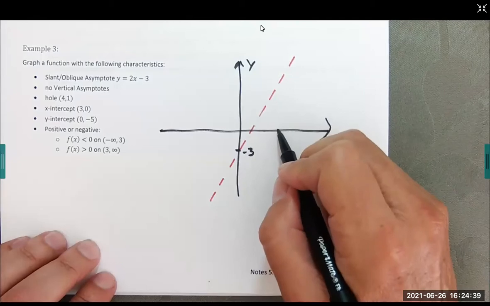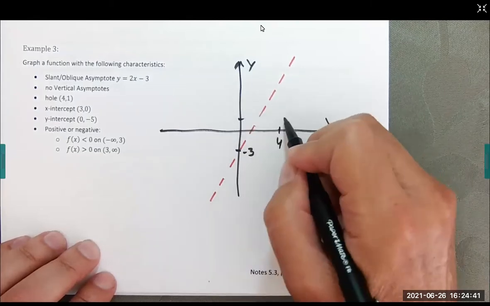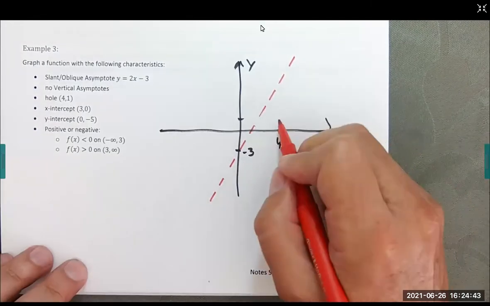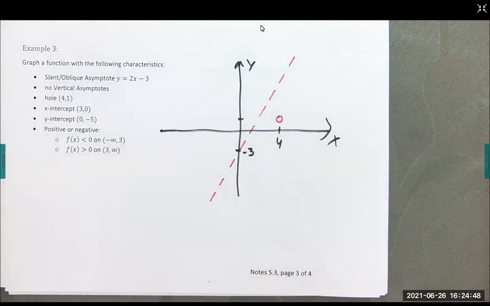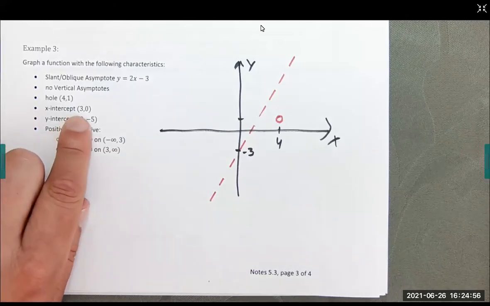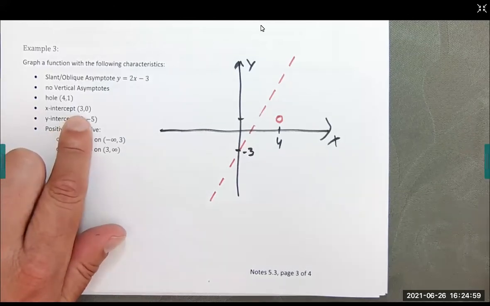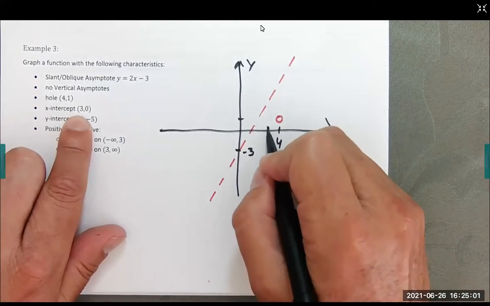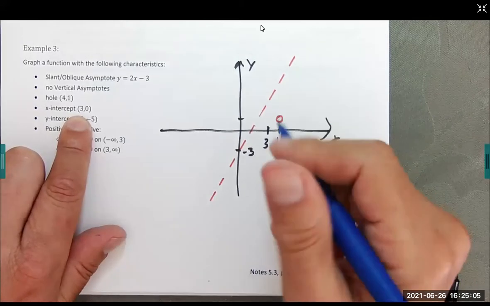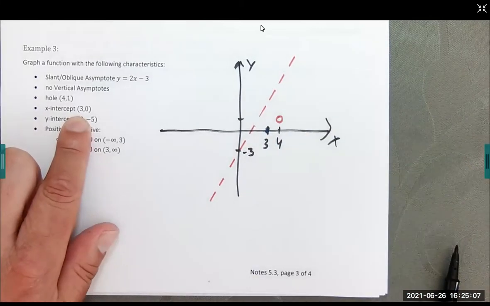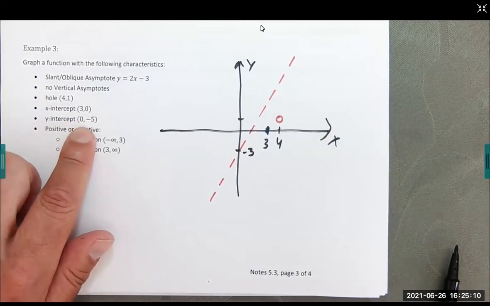I'll say this is 4, here's 1, and here is our hole. And we have an X-intercept at 3, 0. A Y-intercept at -5.